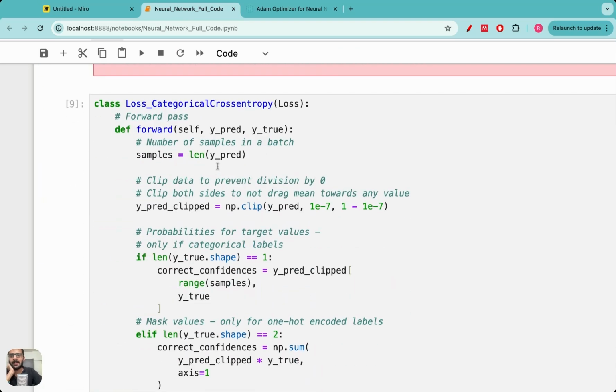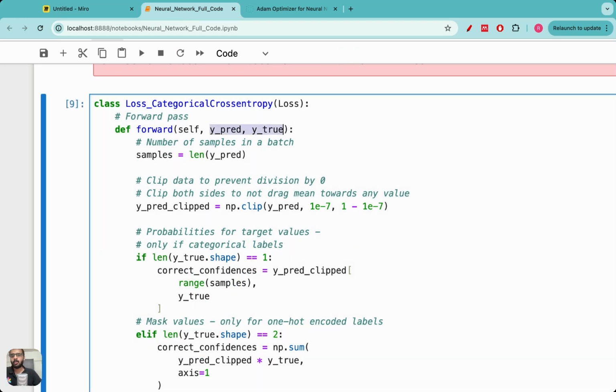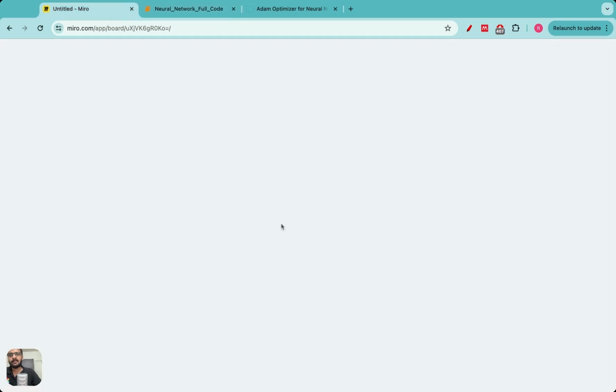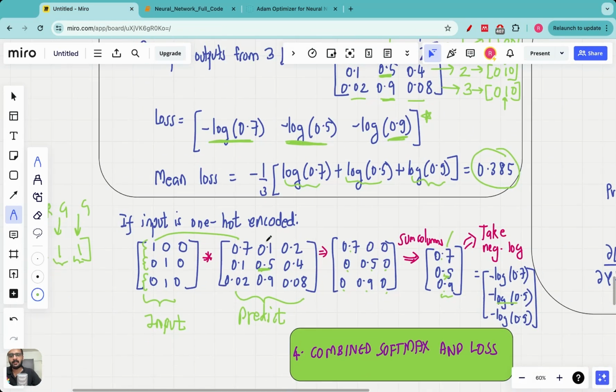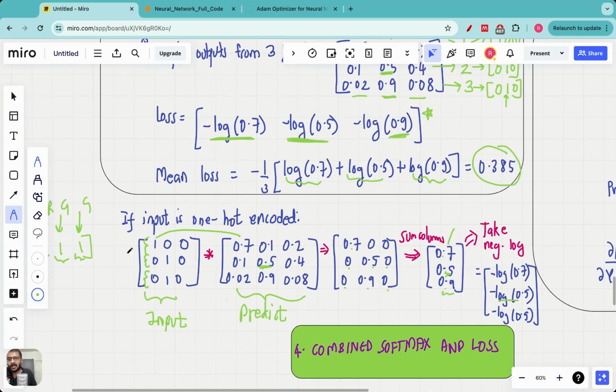Okay, so in the forward pass of the loss function, we take two inputs, the predicted value and the true value. So very similarly to what I showed here, rather than calling it input, let me call it predicted, or true rather.